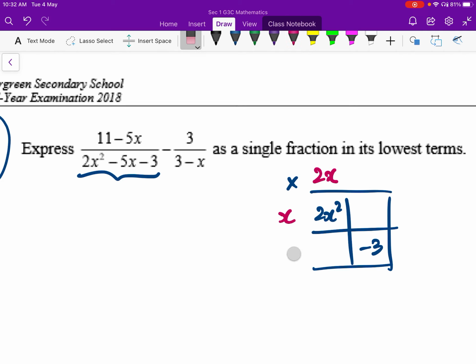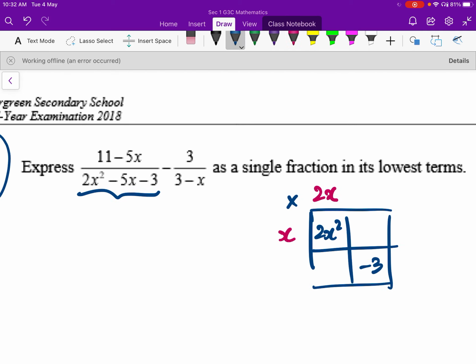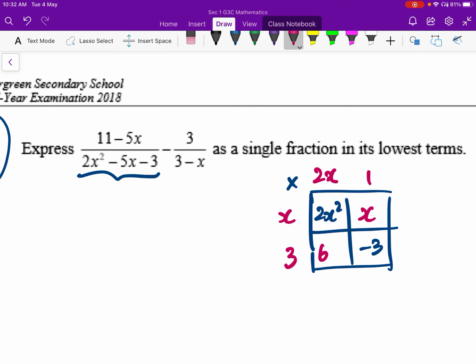Let's try it first. Just now I started with 1, 3, so let's try that. We multiply 1 times x, we get x. We multiply 2x times 3, we get 6x. Now we focus on 6x and x. Is it possible for us to generate a negative 5x?